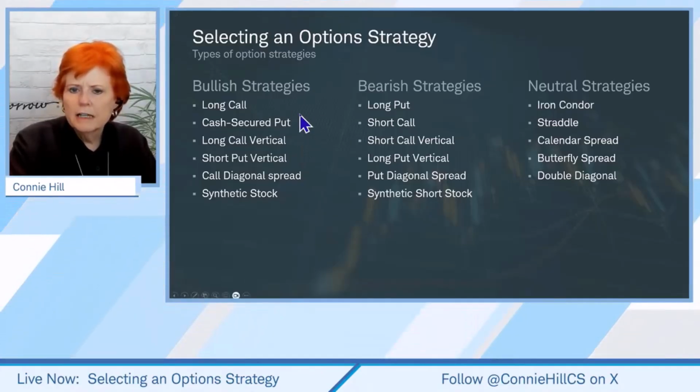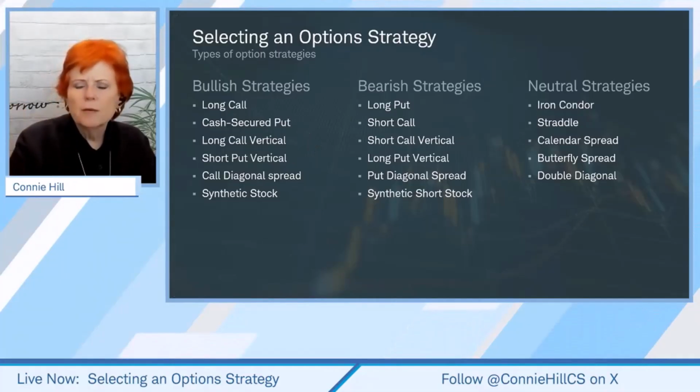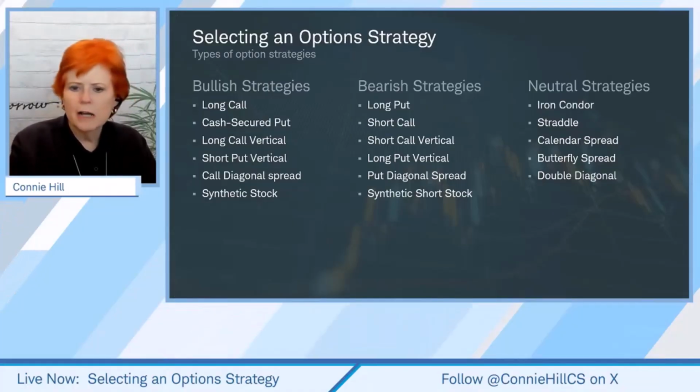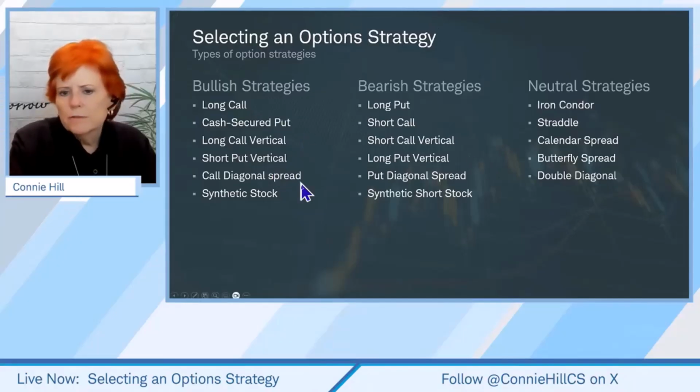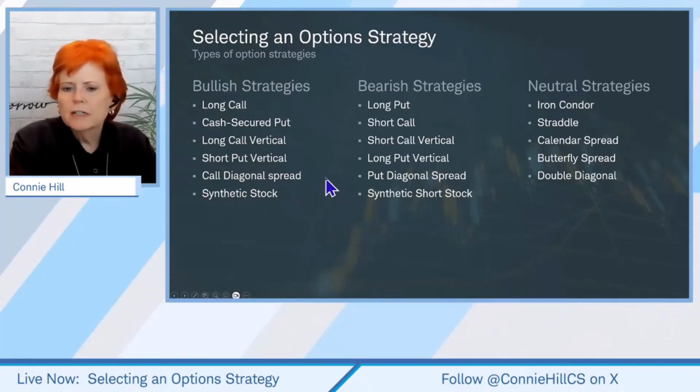Some of these are barely bullish, and some are like, I am way bullish, man. Get out the whip and hit the bull. Something like a synthetic stock or a long call, and to some degree the call diagonal, possibly as well.